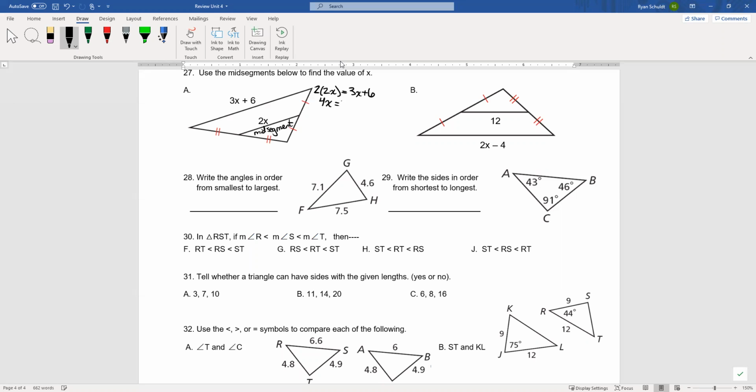So I'm going to have 4x equals 3x plus 6. Subtract the 3x, and we get x equals 6. And since that's what they ask us to find, that's our answer. X equals 6.